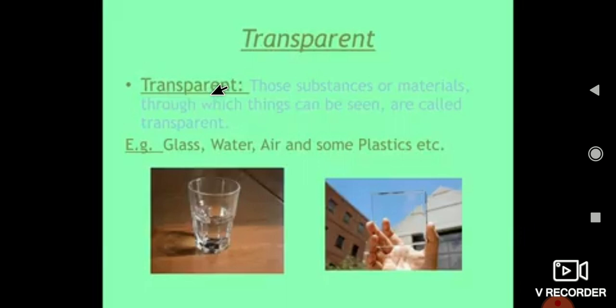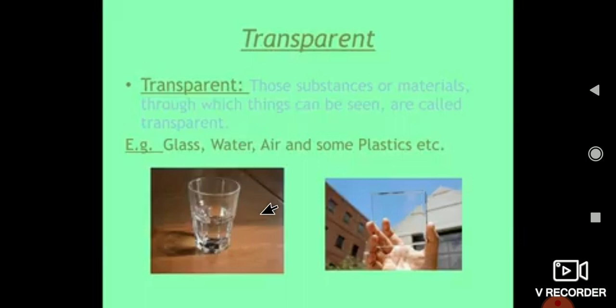Transparent materials are those substances through which things can be seen easily.